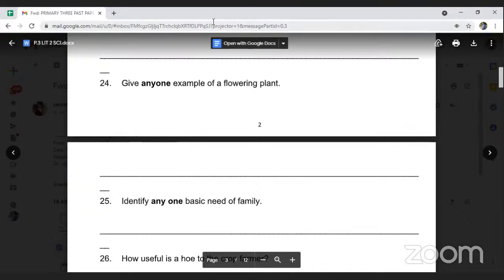Shadrach, give three examples of flowering plants. Asante, can you give three examples of a flowering plant?